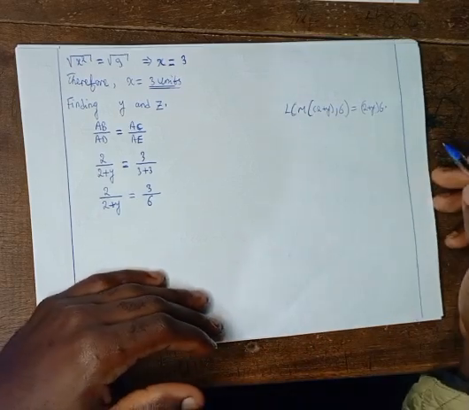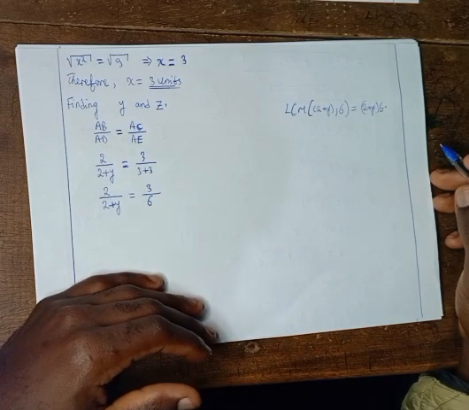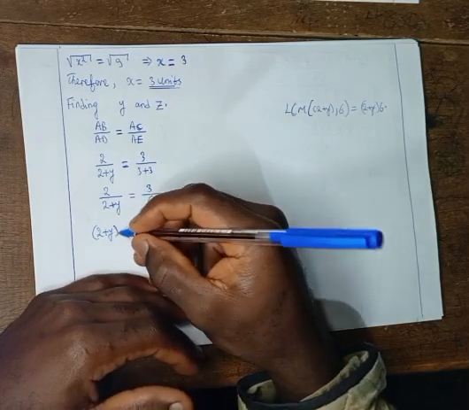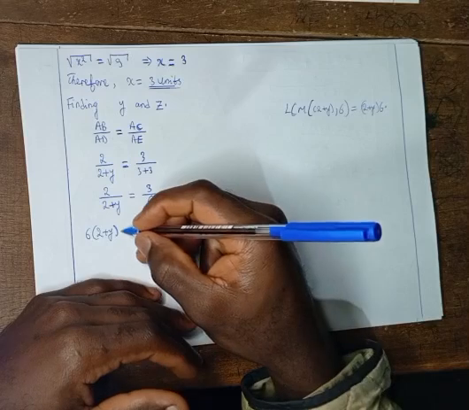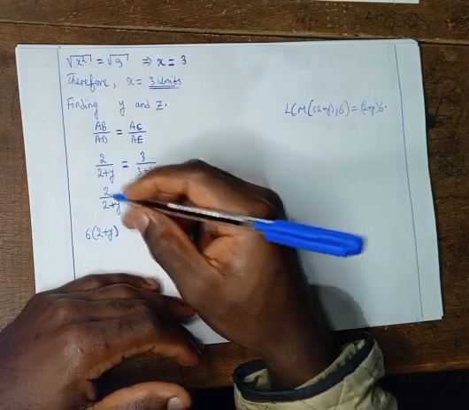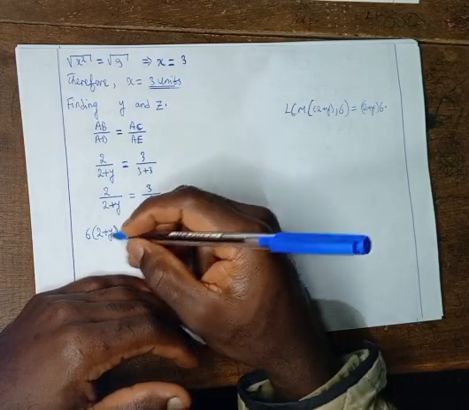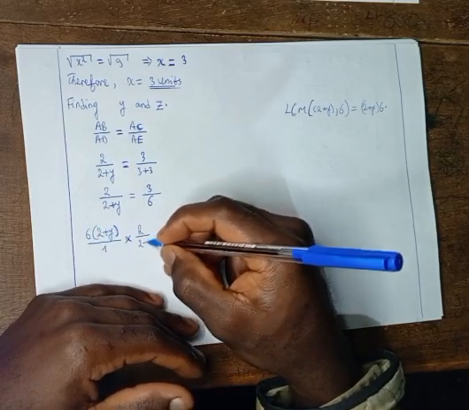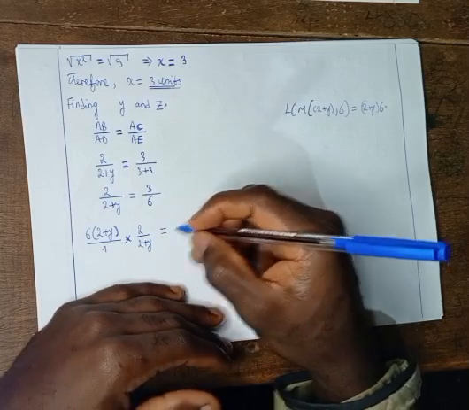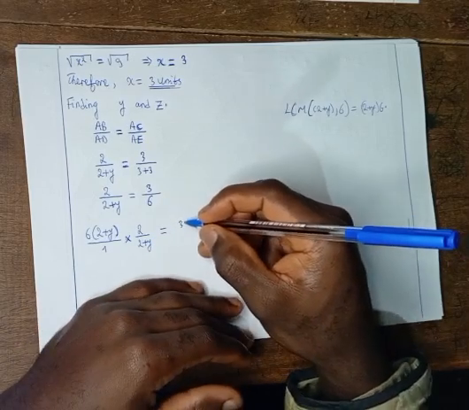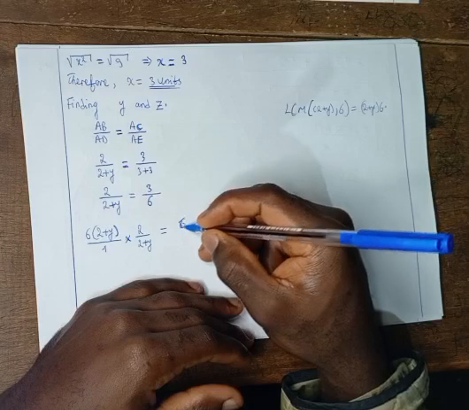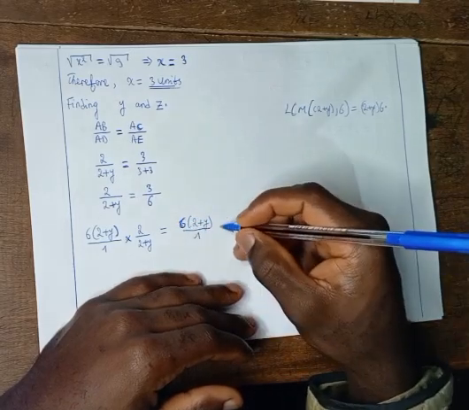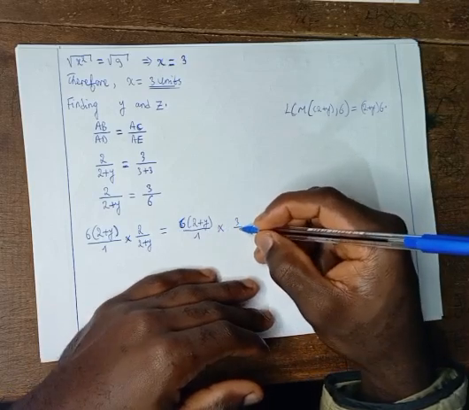So if you multiply both sides by 2 plus Y times 6, we get 2 plus Y times 6 over 1 times 2 over 2 plus Y should be equal to 3 over 6 times 2 plus Y over 1 times 3 over 6.